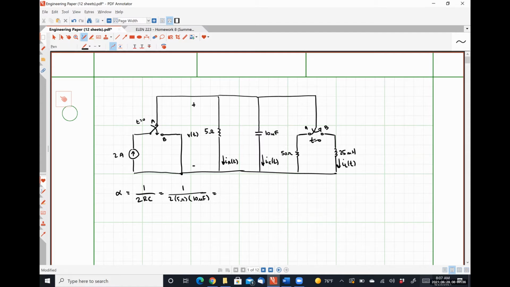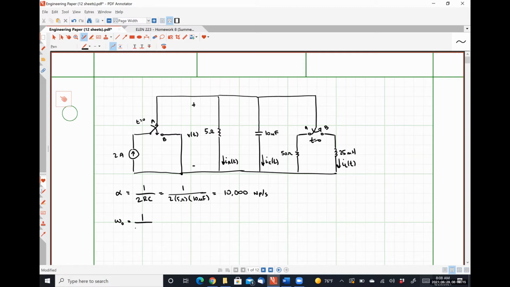Let me grab my calculator real quick. So that looks like 1 over 2 times 5 times 10 times 10 to the minus 6, which is 10,000 nepers per second.